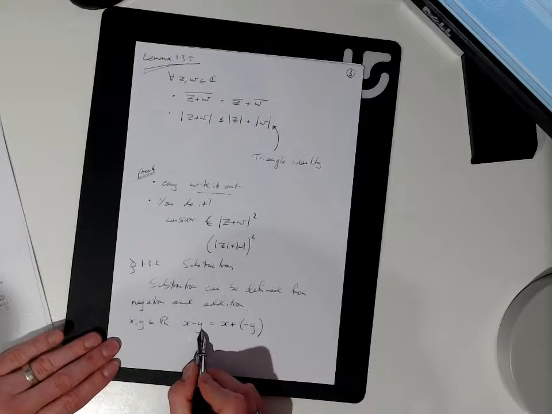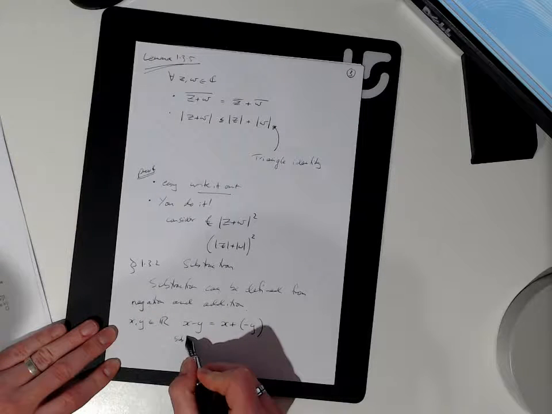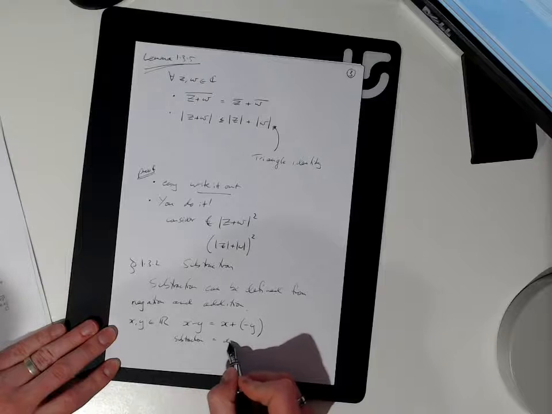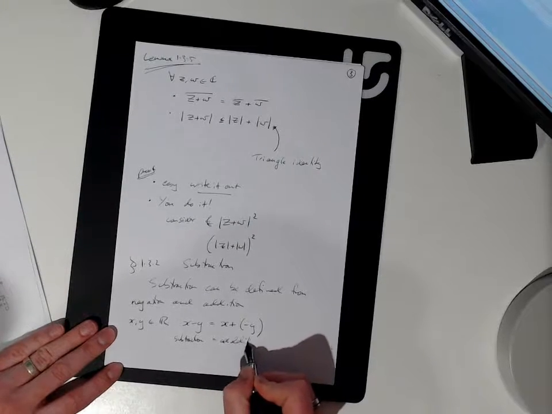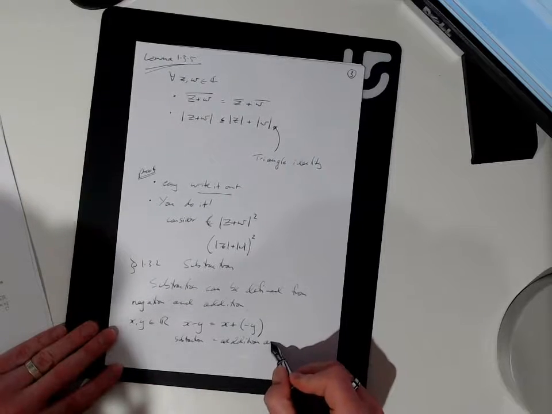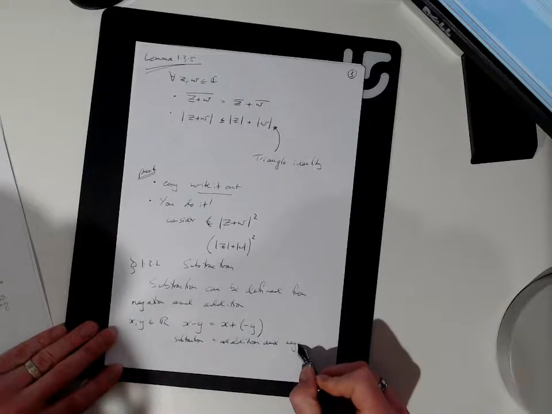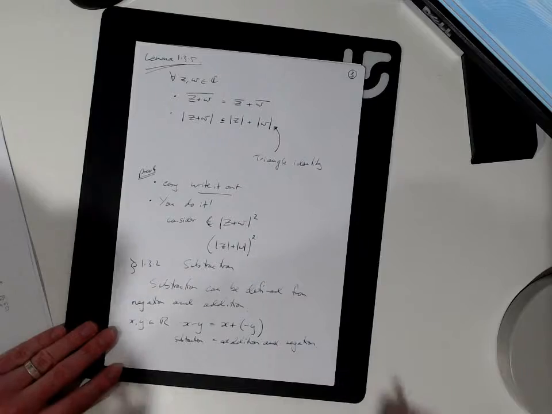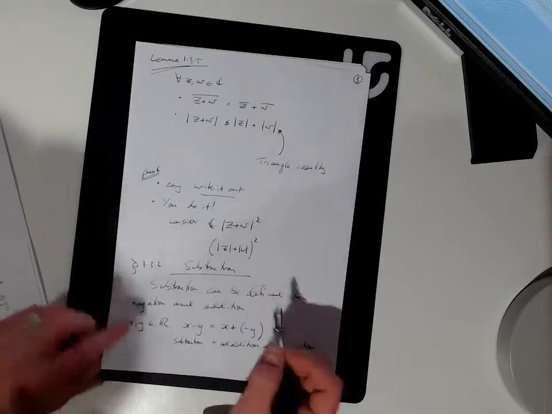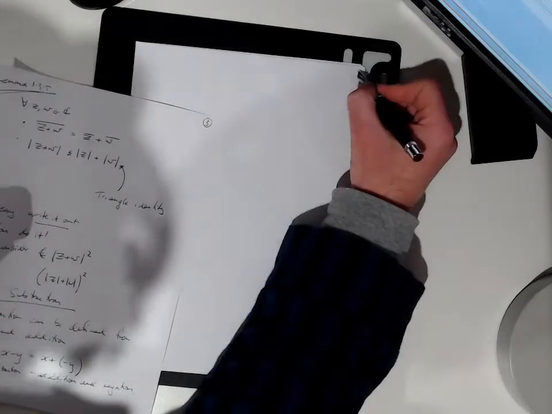So subtraction is defined by addition and negation. So in order to define subtraction for complex numbers, we only need to know about negation.